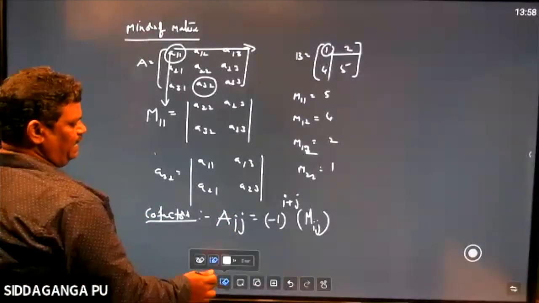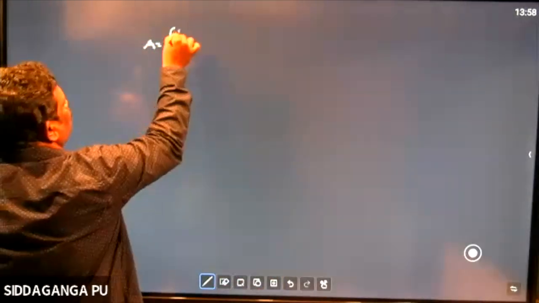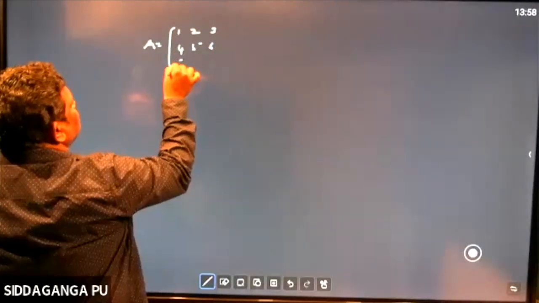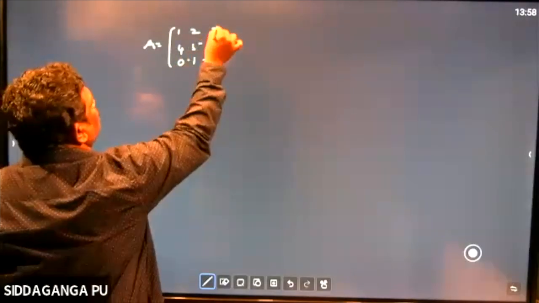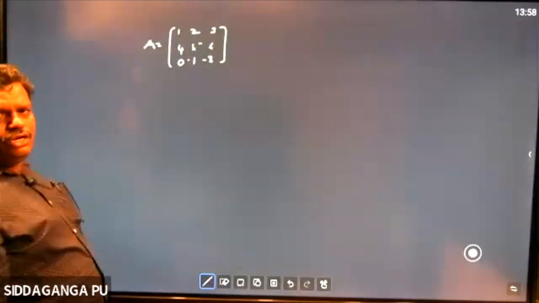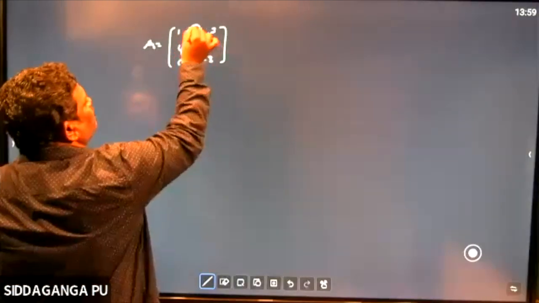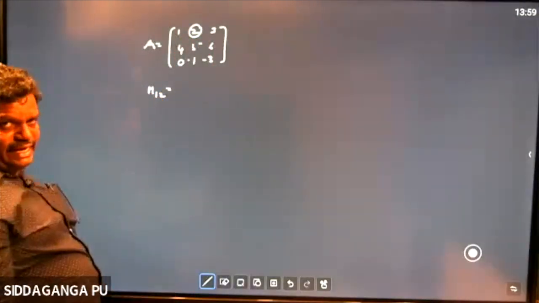For example, we take one matrix here: 1, 2, 3, 4, 5, 6, 0, -1, -3. Now first we find the minor of the element 2. What is the minor of 2? M12, first row and second column.